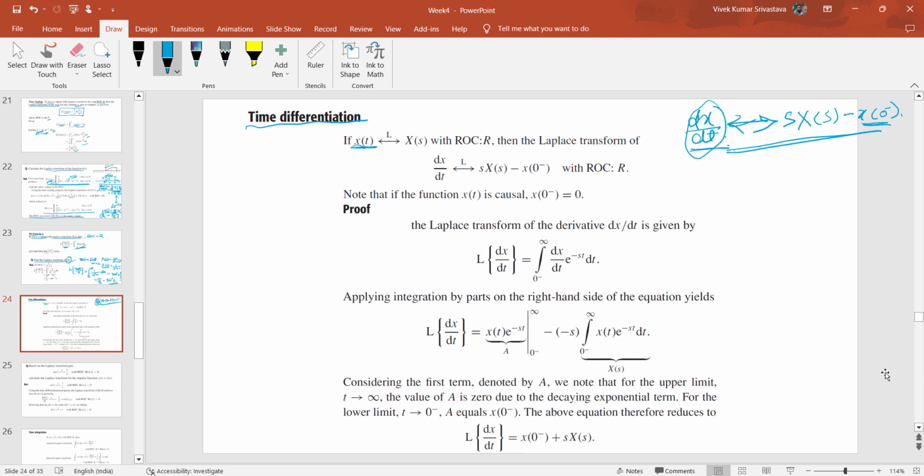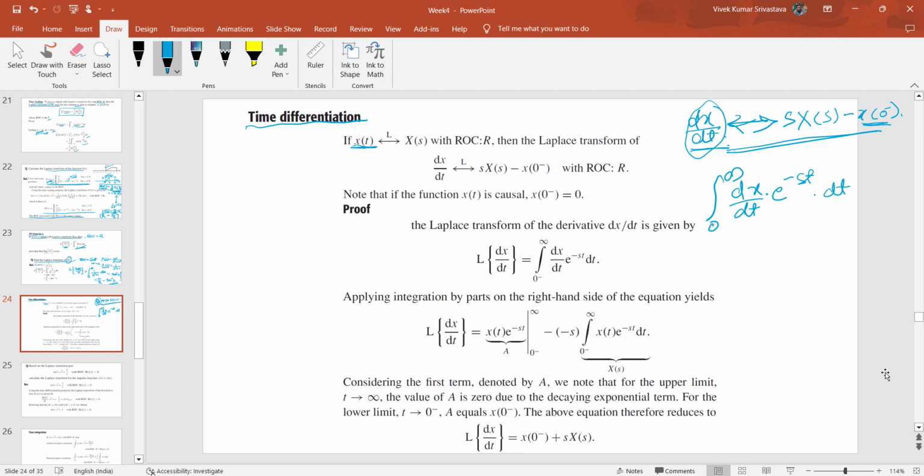As a proof, let us suppose we have to evaluate the Laplace transform of this signal dx by dt. So we will use this expression, that is, integral 0 to infinity d by dt of x into e raised to the power minus st dt.